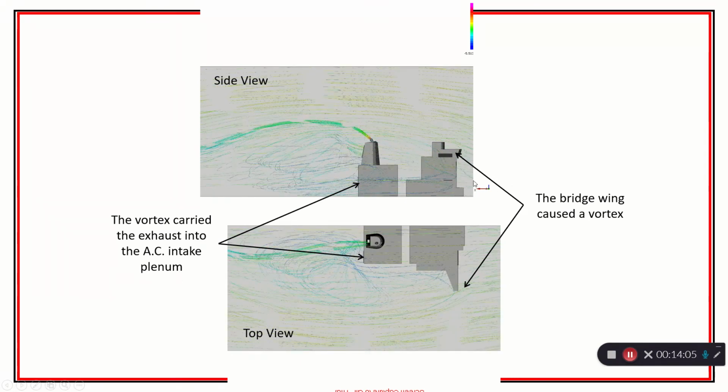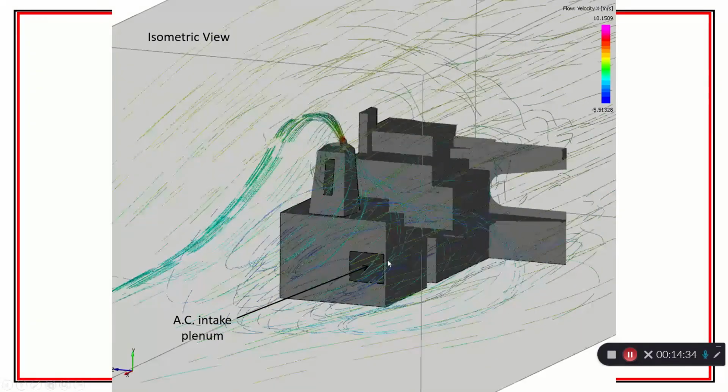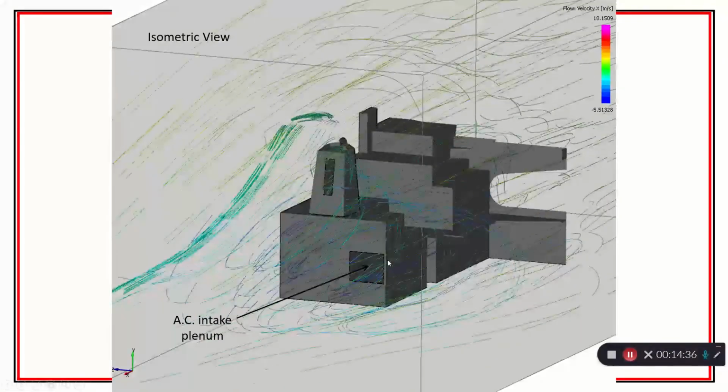What they found was that this bridge wing right here appeared to be causing this flow, and the vortex patterns were sufficient that when the exhaust was not rising high enough because the ship was going too fast, it could recirculate back into this intake plenum.